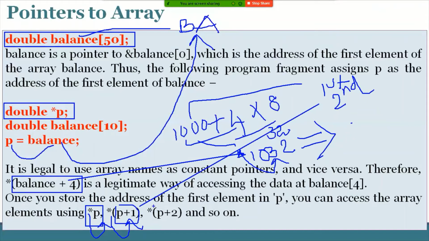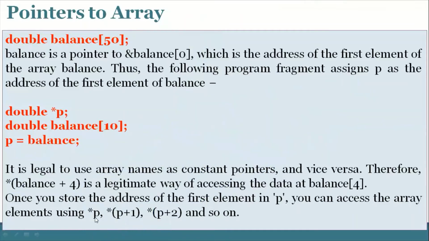And in this case, the third element address, the indirection operator upon this third address will get the third element. Like this, we can display all the elements with the help of the array variable as well as the pointer variable. That is about the pointers to arrays concept.